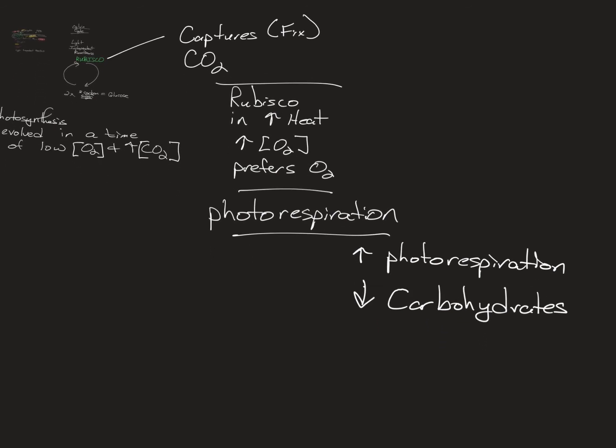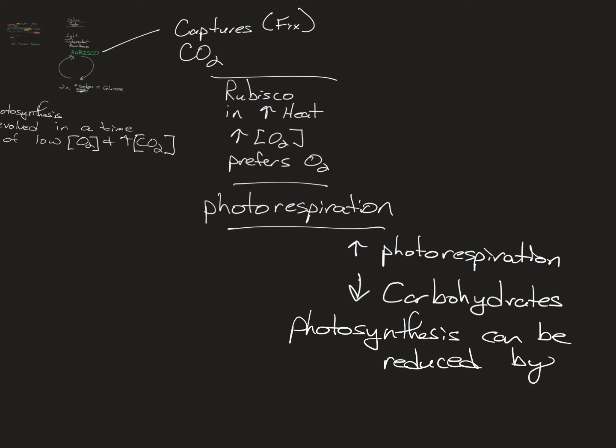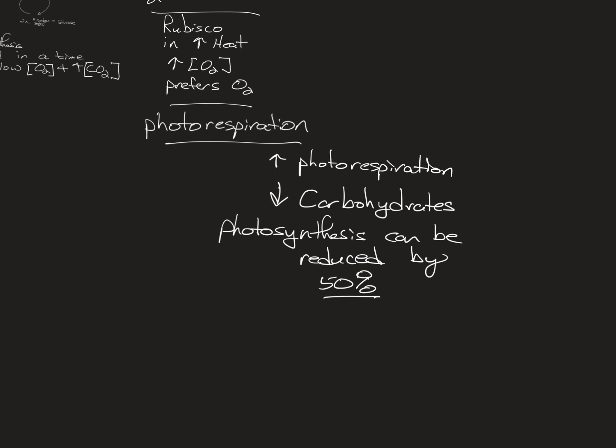Photorespiration can reduce photosynthesis by as much as 50%. By 50%, that means the plant dies. That's not affordable. Plants cannot afford to do photorespiration.